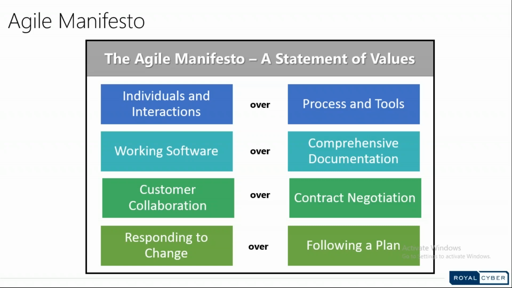Okay, so let's start with the first slide, that is the Agile Manifesto. This gives the statement of values and how it is different from the traditional process we have.